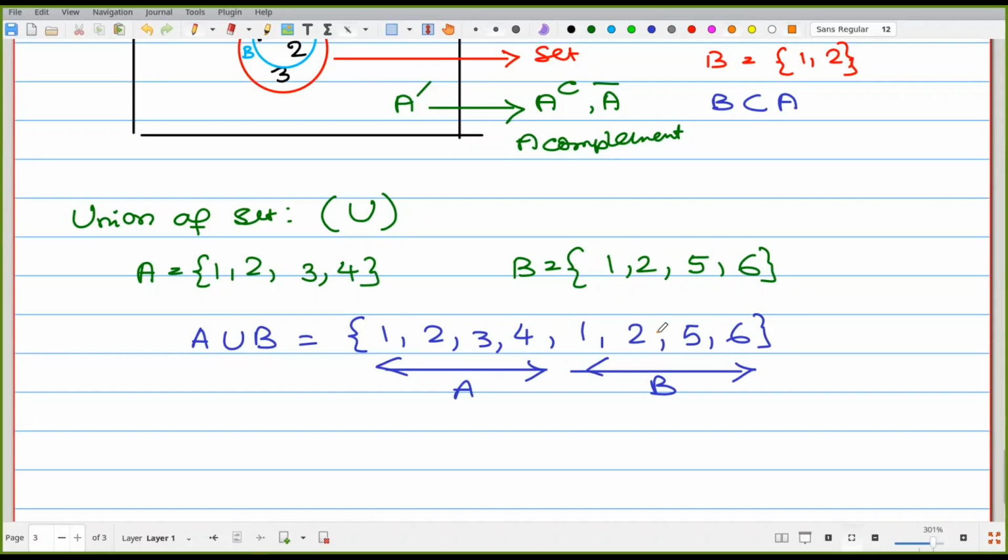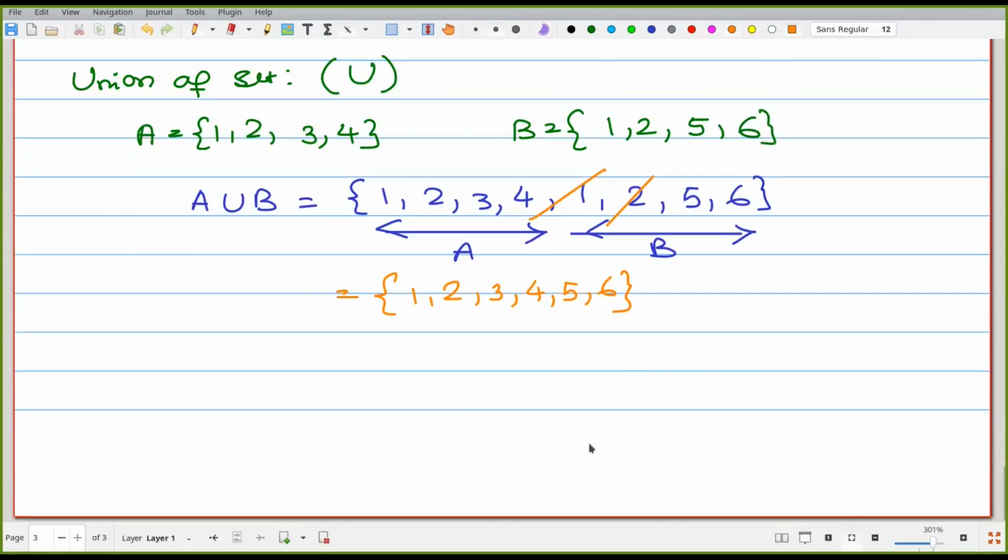That cannot happen in any set. So we remove 1 and 2. So the union is now {1, 2, 3, 4, 5, 6}. That is the union of the two sets.